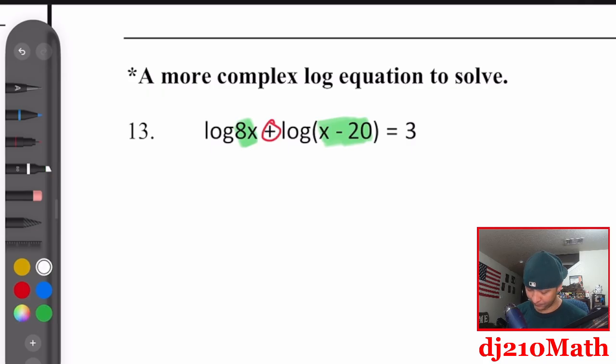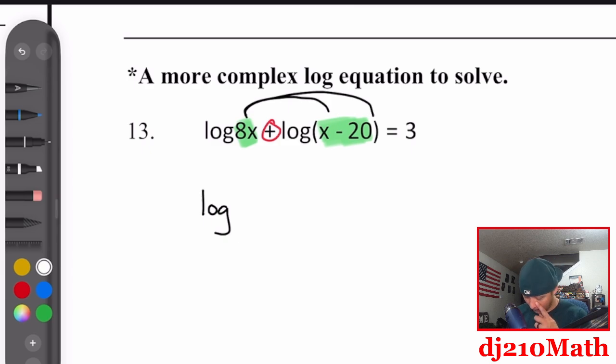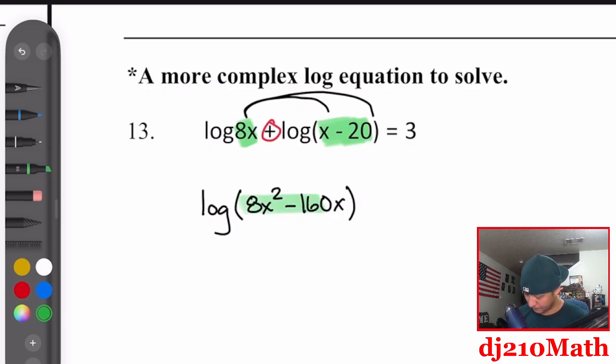So this is going to be log base 10. So I'm not going to write anything. And then 8x times, so we're going to distribute essentially. So this is going to be 8x squared minus 8 times 20. Oh my goodness. 160. 8 times 2 is 16. 0 x. Right here. So those multiply to make that, is equal to 3.